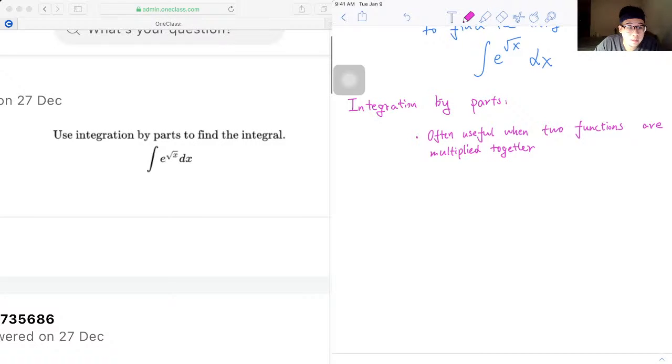And we will talk about an example later.